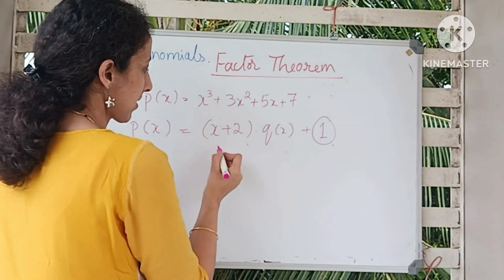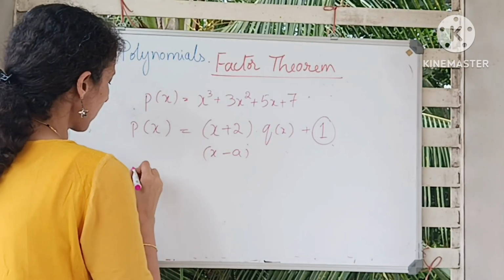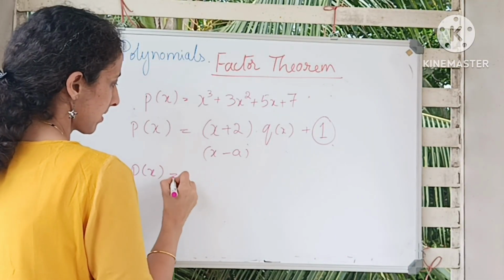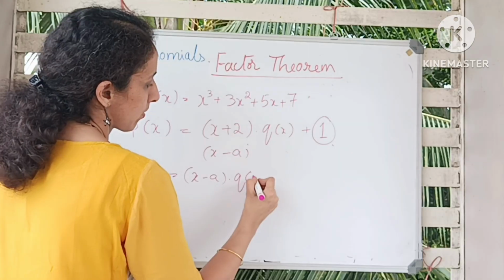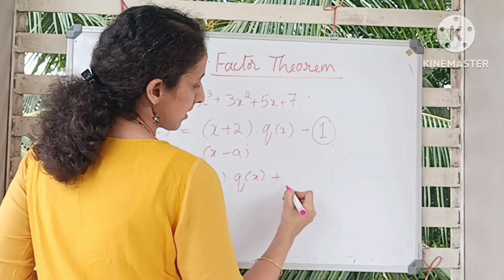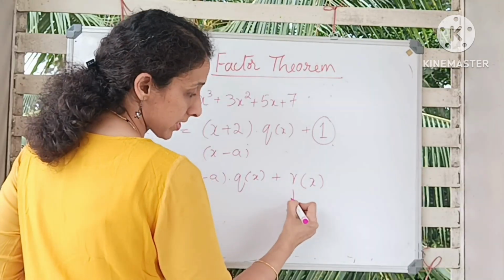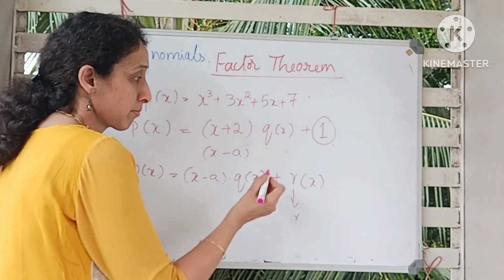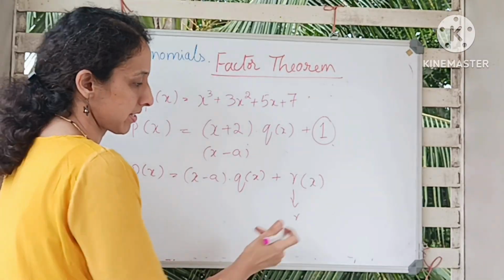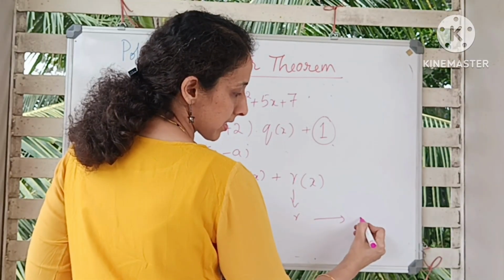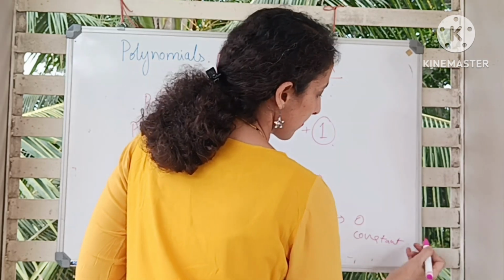If we do the same generalization, taking this as x minus a, we get p of x is equal to x minus a into q of x plus the remainder r of x, which is actually just r, because the remainder is always less than the divisor, and in this case it can be either 0 or a constant term.